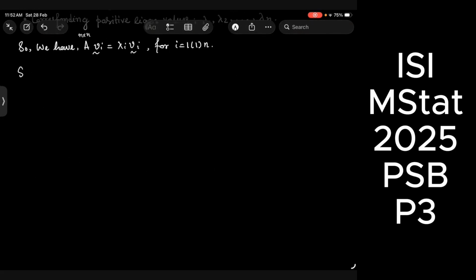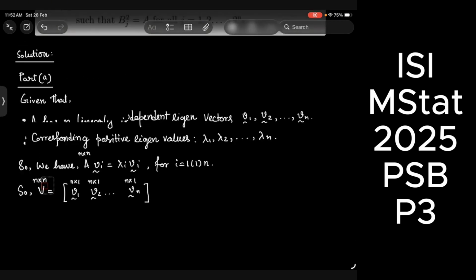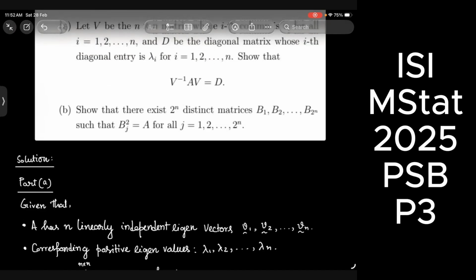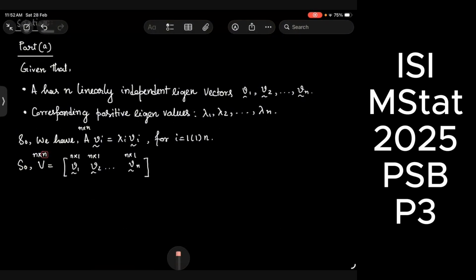So what is matrix V? V is V1, V2 up to Vn, and this is an n cross n matrix, and each Vi is n cross 1, right? As you can see, do you agree?